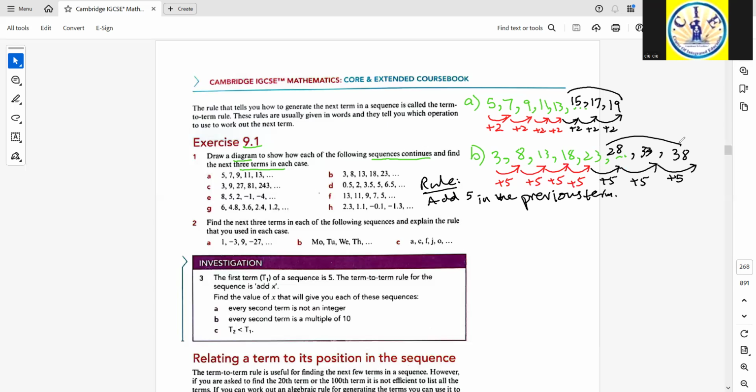Okay, now I move to part C. 3, 9, 27, 81, 243, and so on. Now, I can observe that 3 times 3 is 9, 9 times 3 is 27, 27 times 3 is 81, and 81 times 3 is 243.